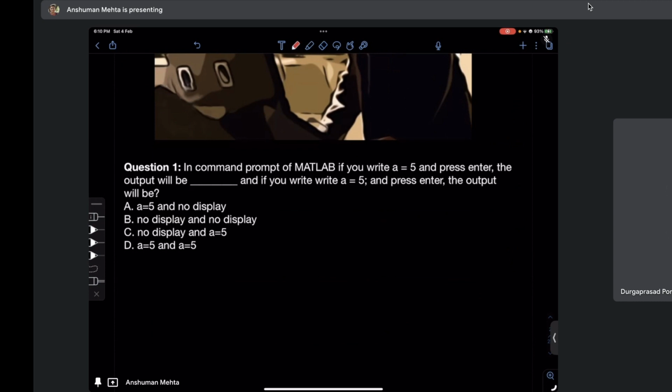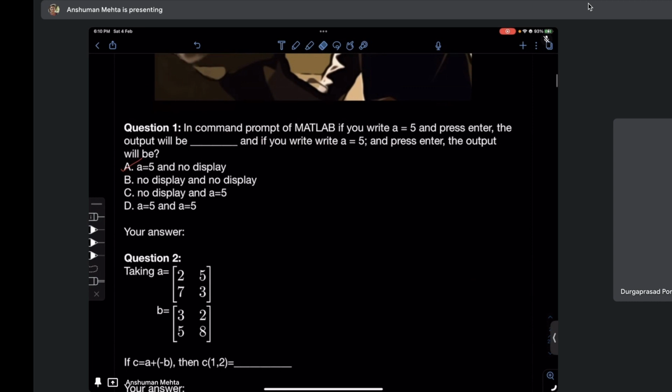I got the correct reply: a equal to 5, and there will be no display on the second command, because the semicolon doesn't print things; it will store but not print. So the answer is A. We successfully did the first question.